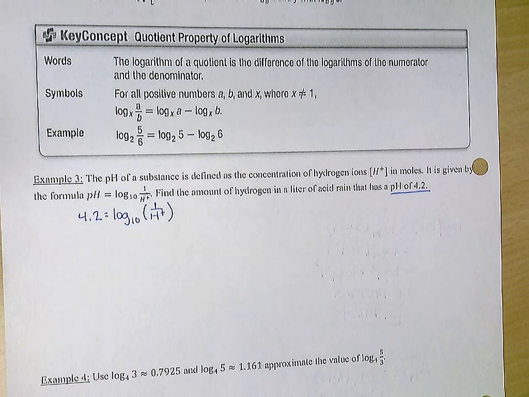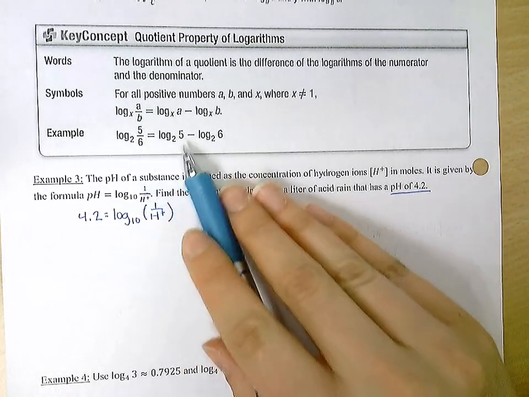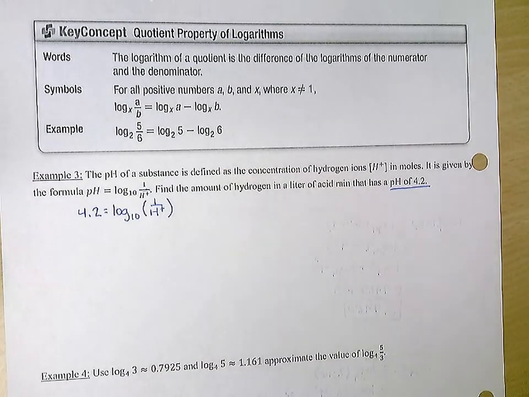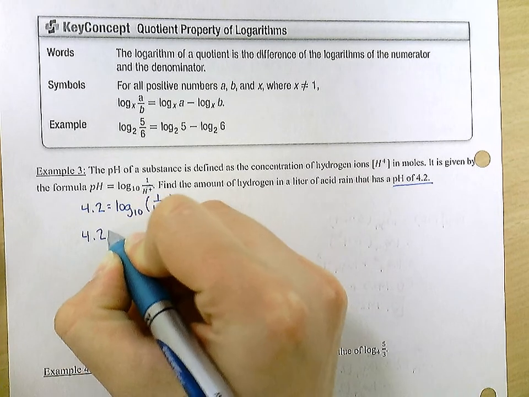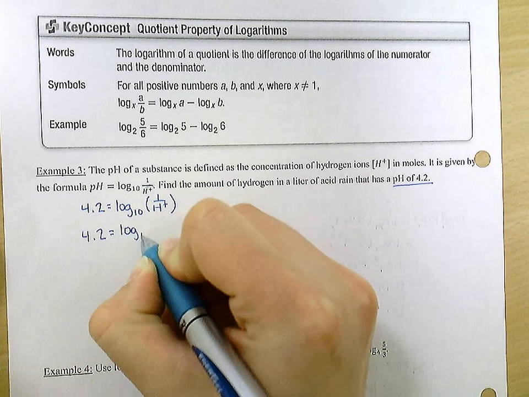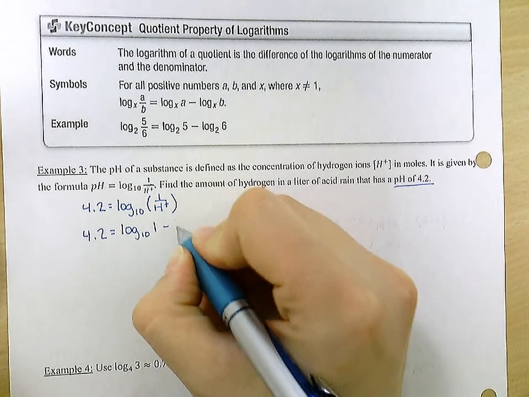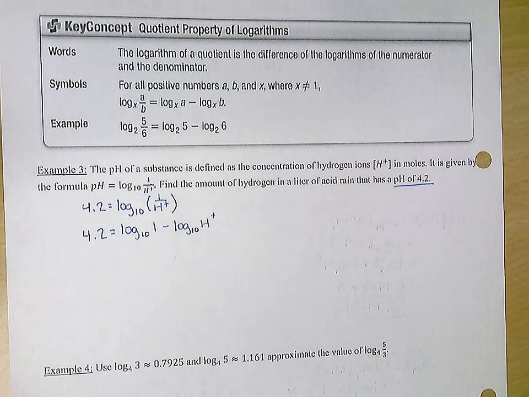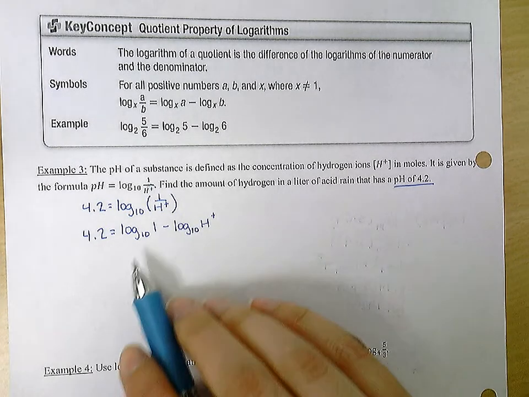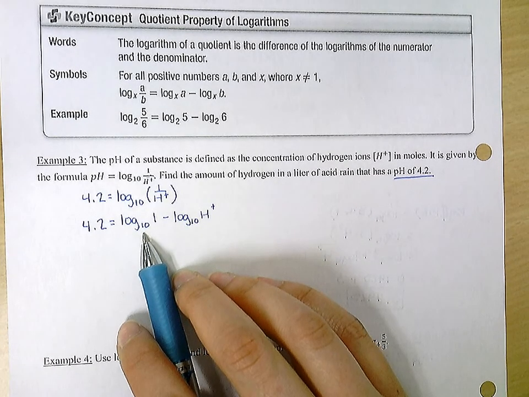Now, since I have this fraction here, I can change that fraction into subtraction of 2 logarithms. So I have 4.2 is equal to log base 10 of 1 minus log base 10 of H plus. Now, log base 10 of 1 is going to be 0.